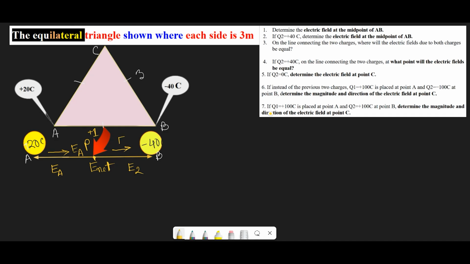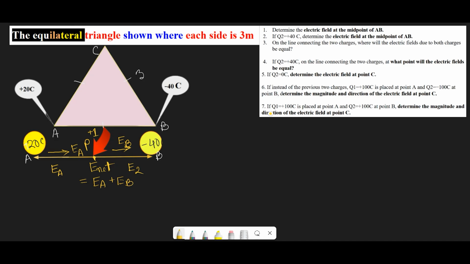It means the electric field EB will be in this direction. So total E net will be, as they are in the same direction, so that will be added. It means EA plus EB. This is the very basic thing, right?